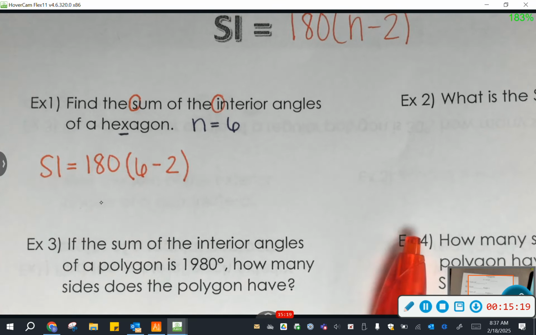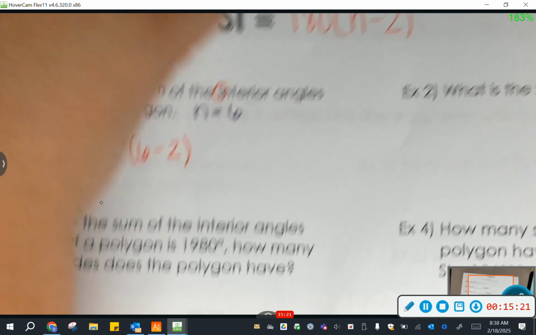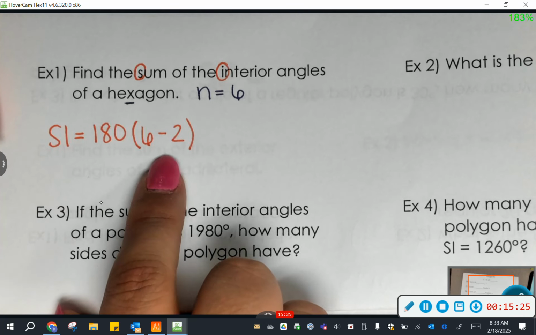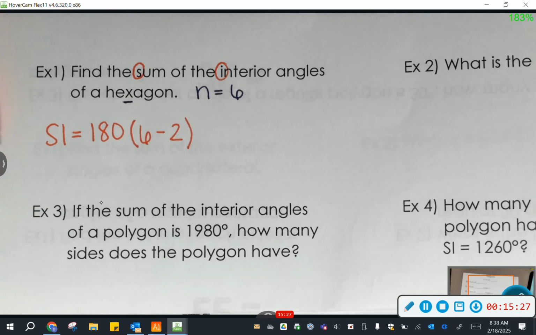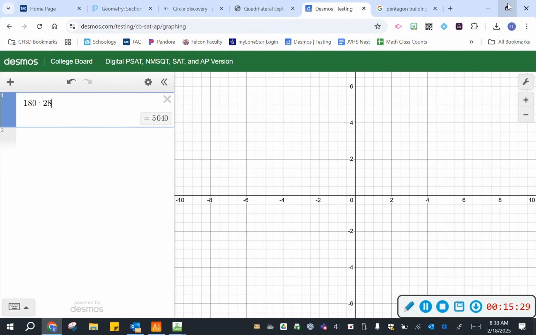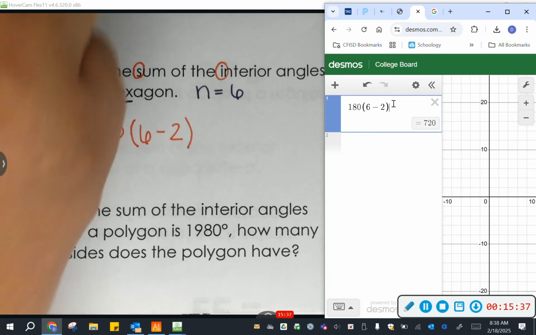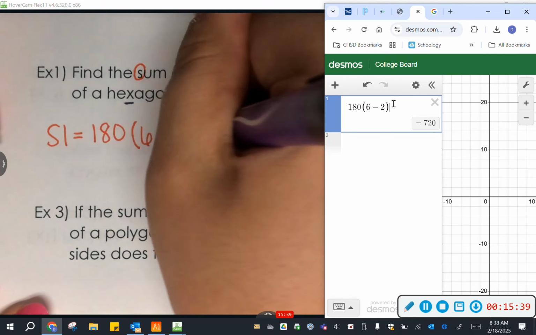Y'all focus. You're going to make this more complicated than it is. 180 times 6 minus 2. And then we're just putting that in the calculator. So we're going to do 180, 6 minus 2 is what? And that's my answer. That's it.